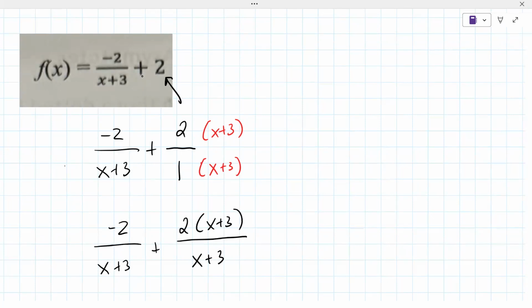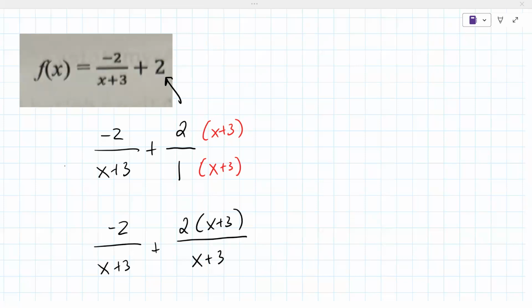Is that okay? Do you see how we did that from the previous problem? Yeah, let me write that down. All right. Okay, got it down.